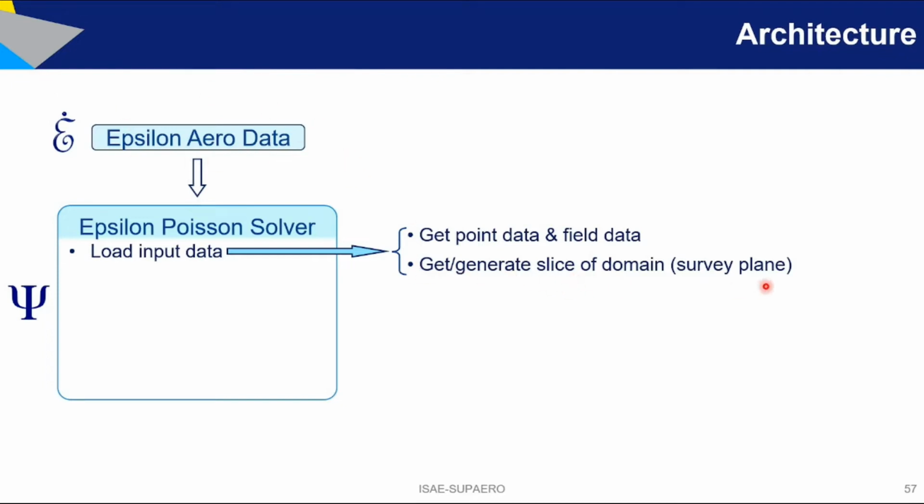So the idea is basically to take the survey plane data, because we can only solve the 2D Poisson equation lying at the survey plane. At this stage, in this version of Epsilon v3.0, we cannot solve the 3D Poisson equation yet. So we are just limited to 2D planes, the survey plane, but this is quite practical for your analysis.